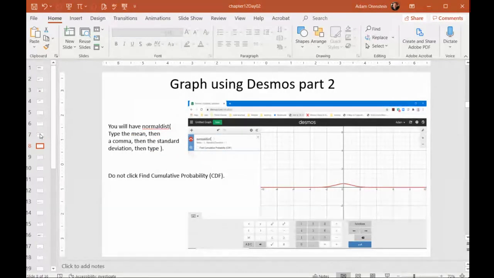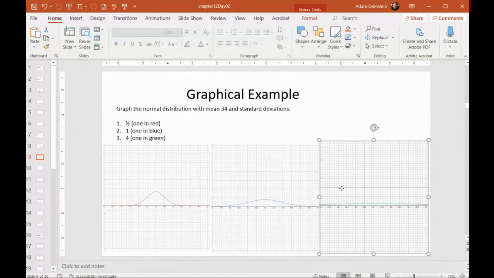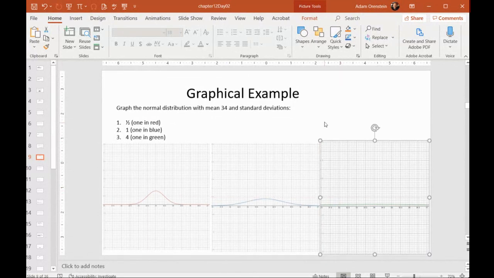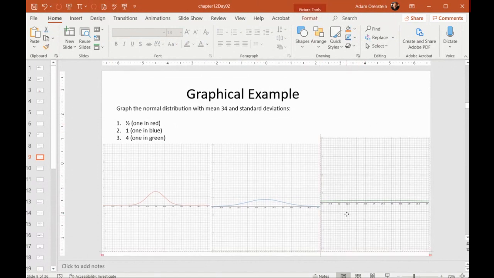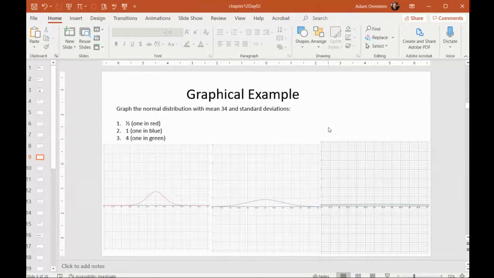You could type it in also, as you can see. And these three graphs I just made, I didn't put them on the same set of axes like I did in Desmos, but you can see the graphs here, as you can see. Okay, so this is what we get here.